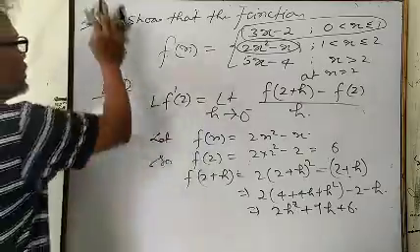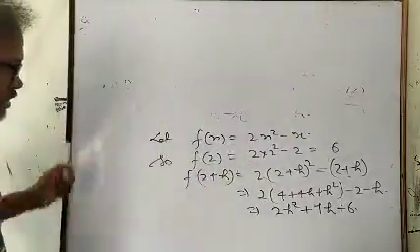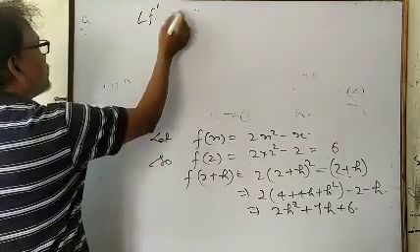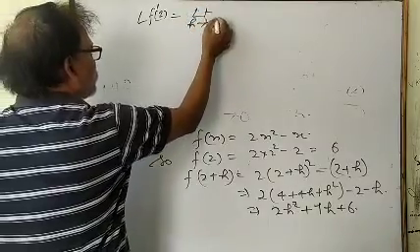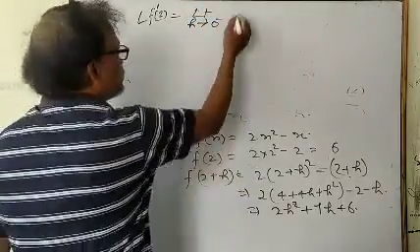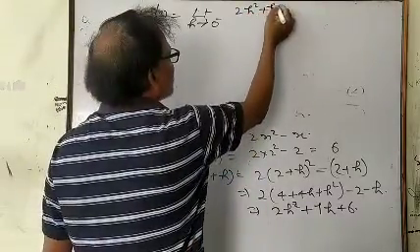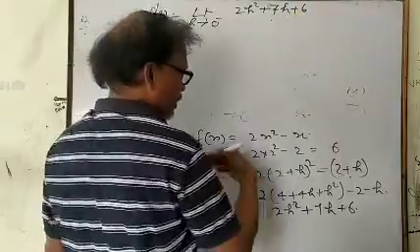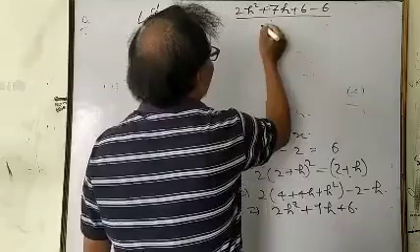Now put it in this function, so it will be limit h tending to 0 minus, f(2 plus h) means 2h square plus 7h plus 6, and minus f(2), that is equal to 6, whole upon h.